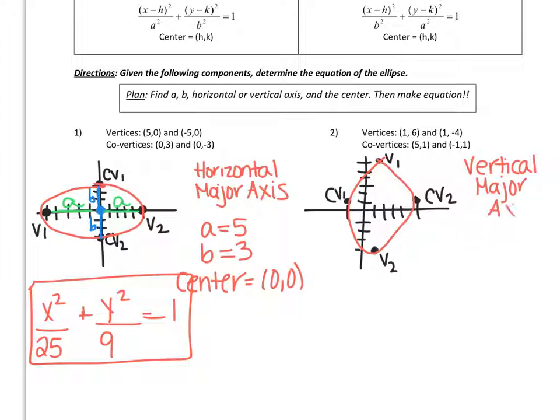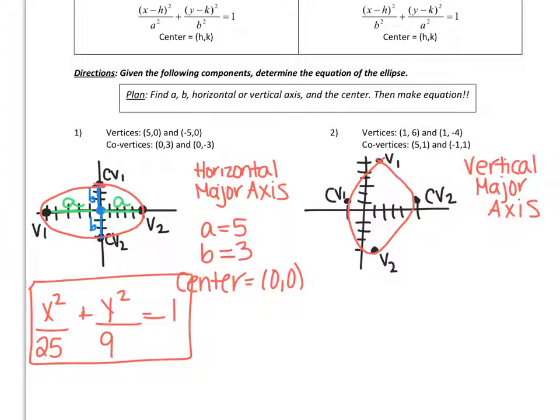major axis. Now, it's very clear that the center is not at the origin. The center is in between the co-vertices and in between the vertices. So if it's 6 up here and 4 down here, that's a total of 10.